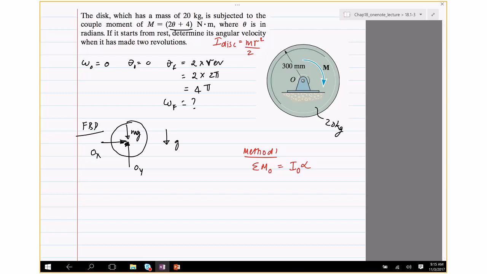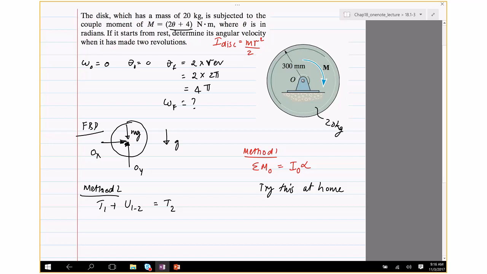So I'm going to use what we're doing in this chapter, which is method 2: figuring out the work done. The formula, from the chapter on particles, is T1, the kinetic energy, plus the work done equals the kinetic energy after all the work is done.